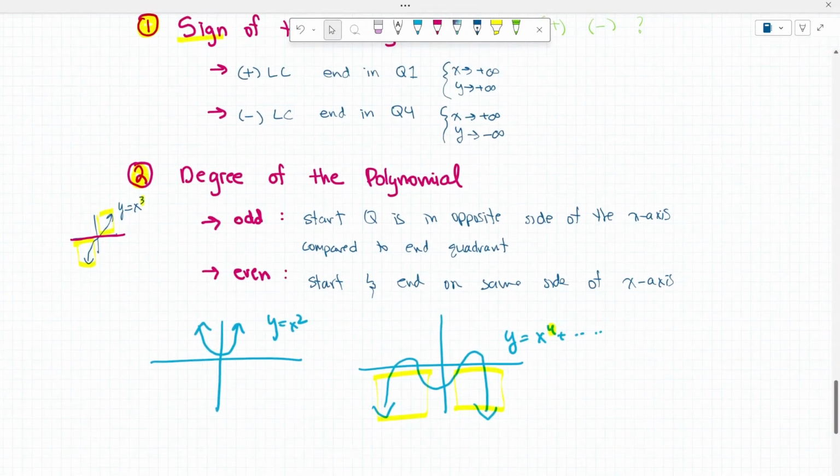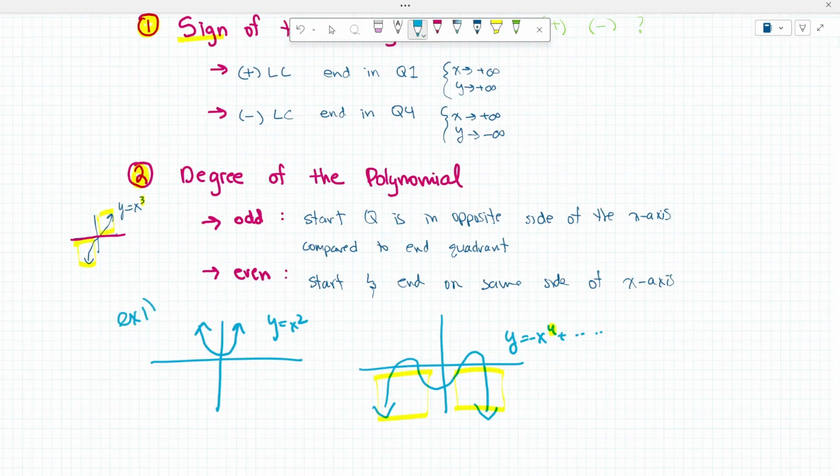So if we were to combine this, for example, with 1 and 2, in this case, sorry, this one should be negative here because it's facing downwards. So if we look at, we'll just call this EX1, example number 1, we can see that the sign of the leading coefficient is positive, so our LC is positive, meaning that it's going to end in Q1.